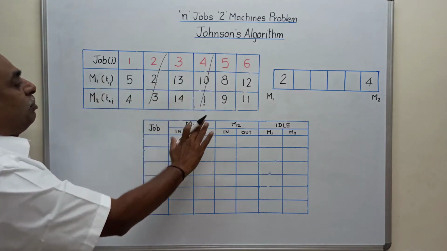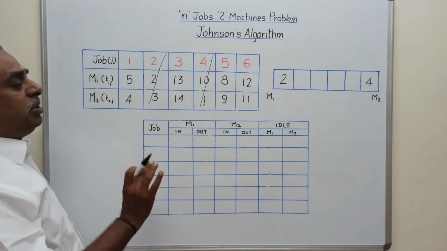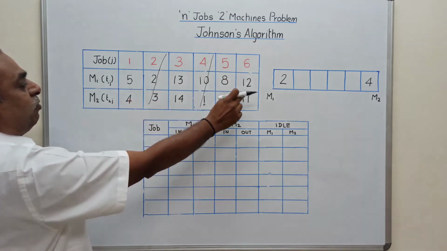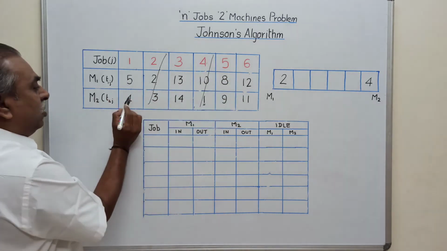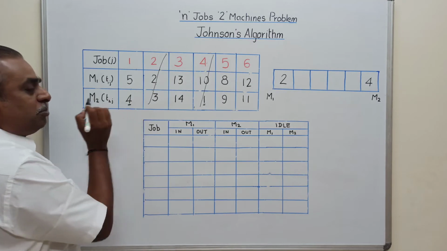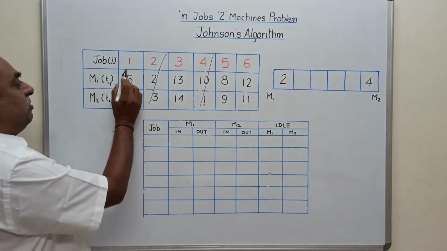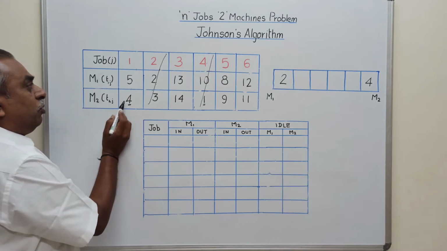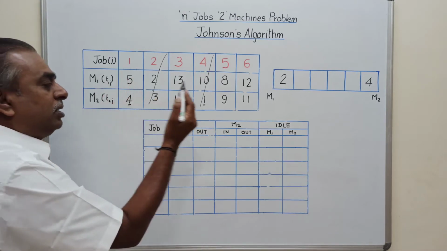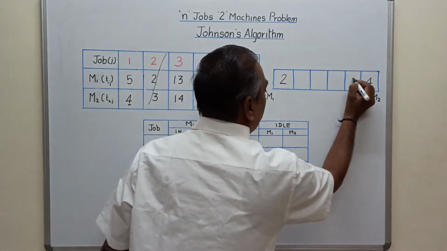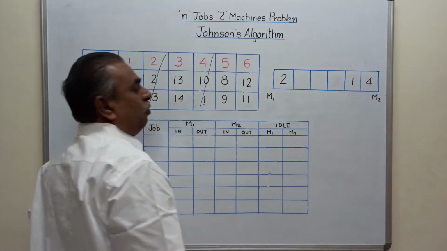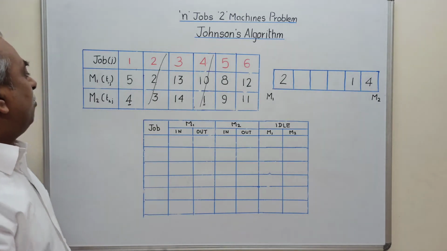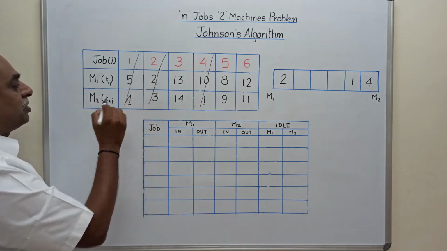Among all other processing times, 5, 4, 8, 9, 12, 11, 13 and 14, 4 is the minimum, which is associated with job 1 and corresponds to M2. So we process job 1 just before job 4. Now we strike this off.